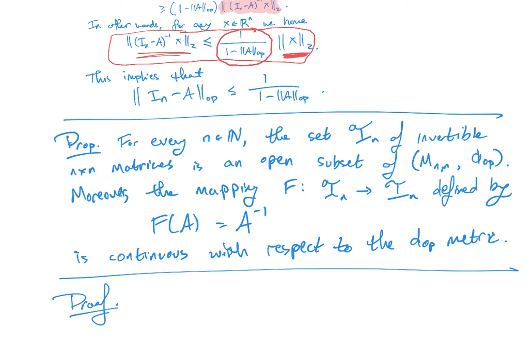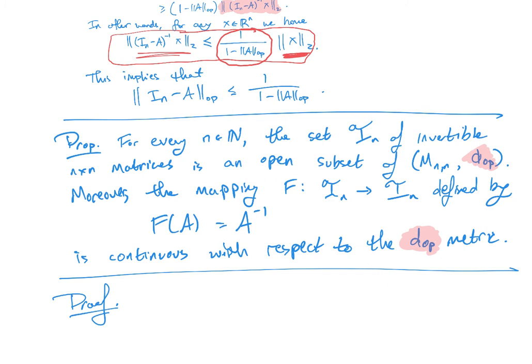Now, we proved a couple lectures ago that all norms are equivalent, and we've noted that these matrix spaces can be viewed as vector spaces. So actually, this is true for any metric. We can replace this operator metric with any metric that's coming from a norm, and it'll be the same thing. So the set of invertible matrices is also an open subset of the space of n by n matrices with the Frobenius metric.